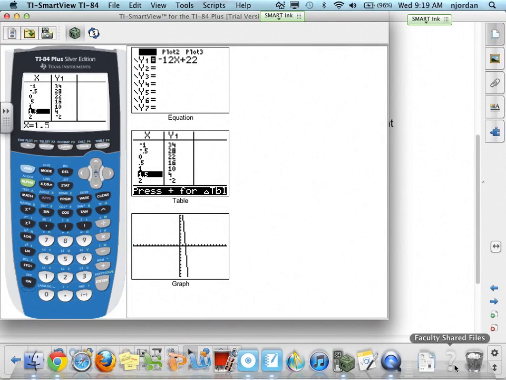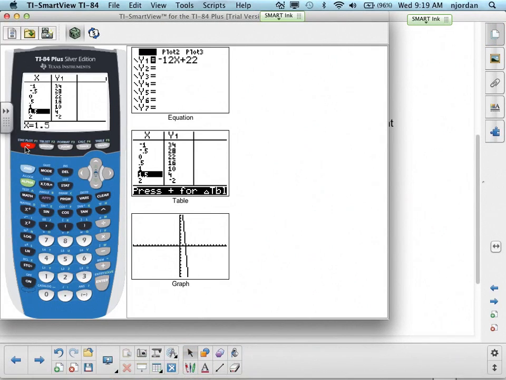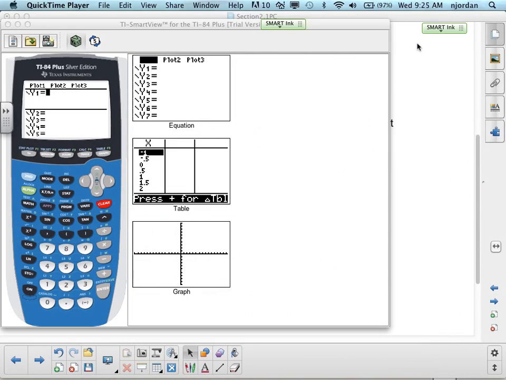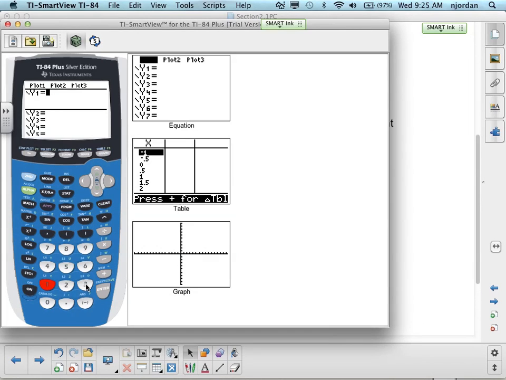Okay, let's first of all plug in the function. So go to y equals. Okay, so we're plugging in the function here. Be careful how you enter it. It's 130 times, so left parenthesis, 3960 divided by, now we need to put that denominator in parentheses as well, plus x.